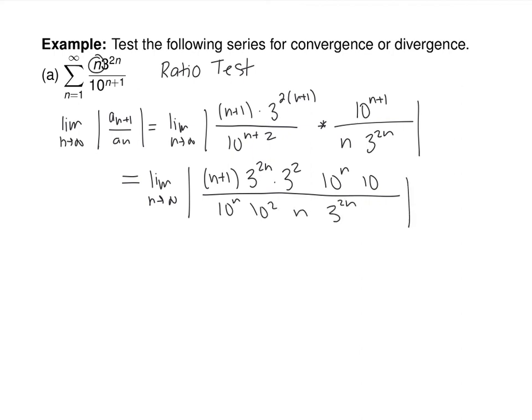And a whole lot of stuff will cancel: the 3 to the 2n's, the 10 to the n's, and one of these 10's. So what we're left with now is the limit as n goes to infinity of 9 times n plus 1 over 10n.